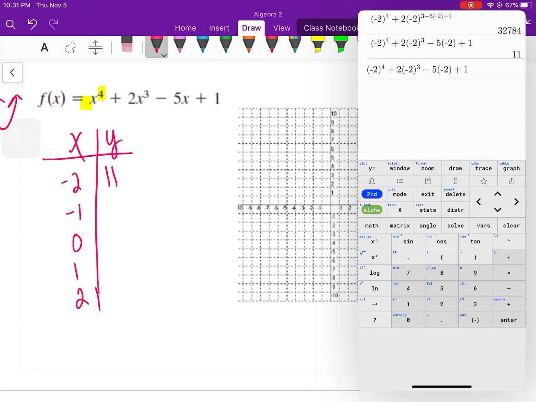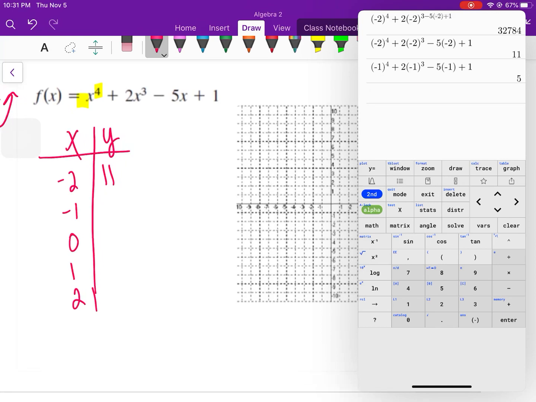Okay, then I want to copy that, except for changing all of the -2's to -1's. 5. Plugging in 0 is easy because 0 plus 0 minus 0 plus 1 is 1.